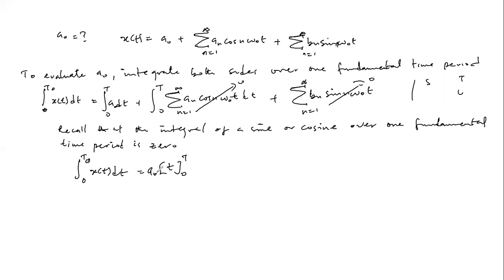The integration of a naught becomes a naught t, taking the limits from 0 to T naught, which gives a naught T naught. So a naught is therefore this integral divided by T naught, that is, 1 over T naught times the integral from 0 to T naught of S of t dt.